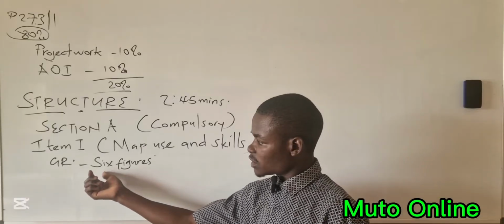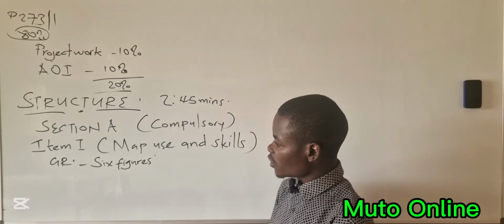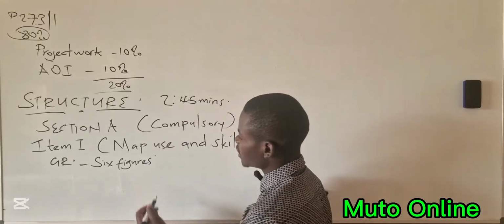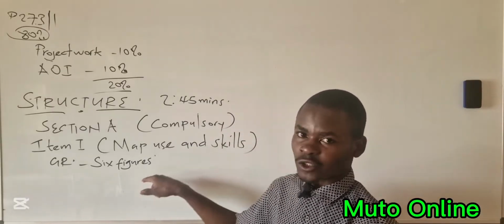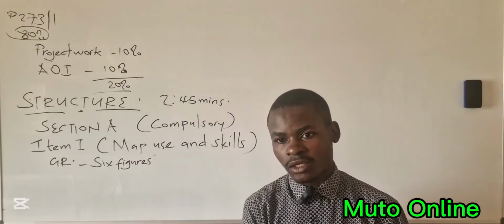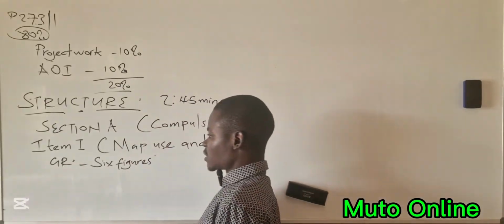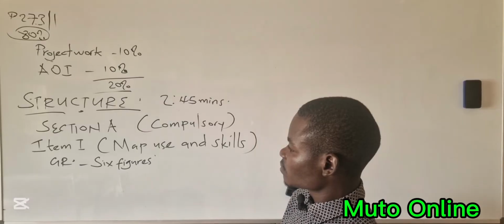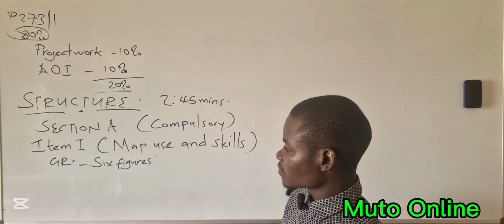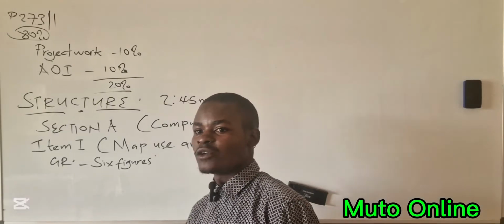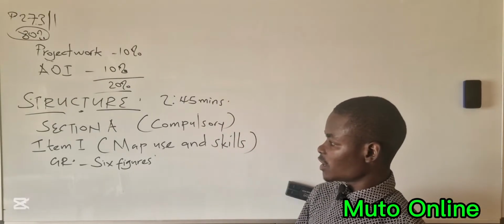But in most cases, they are 6 figures. Why? Because when you look at the 6 figures, they give you the exact position where the feature is located. So that is grid reference. Expect any question about that. So when it comes, of course, you can be in position to handle it.